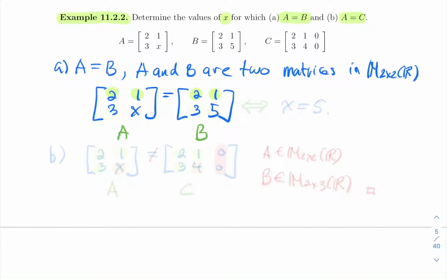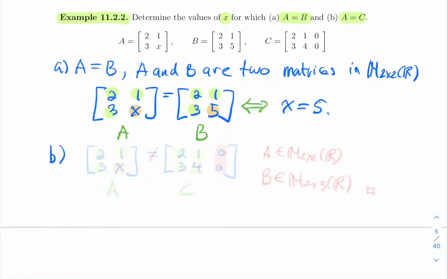Second row, first column, we have a 3, which is equal to 3. The only thing left is second row, second column, where we have x equal to 5. So these two matrices are going to be equal if and only if x is equal to 5. So when x is equal to 5, these two matrices are equal.